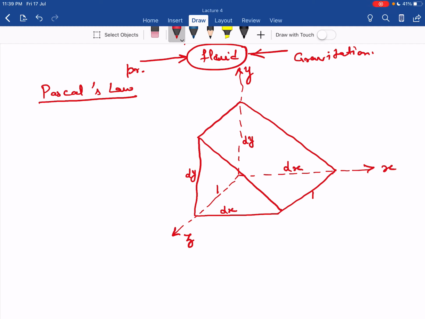Now this angle of the wedge is say theta, and this length of the wedge is say ds.